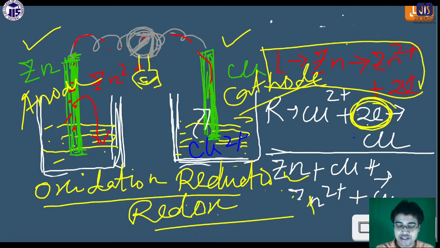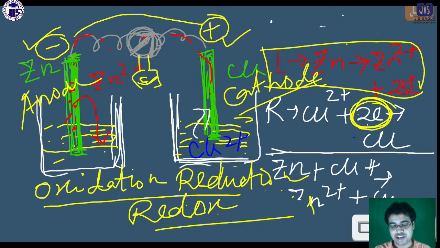The negative one is the left hand side, because here zinc, after losing 2 electrons, comes to the solution as Zn2+, so obviously it will be negative. The other one will be positive, because negative electrons come to the positive side. So zinc is the negative electrode and copper is the positive electrode.